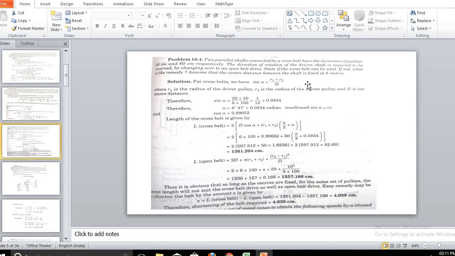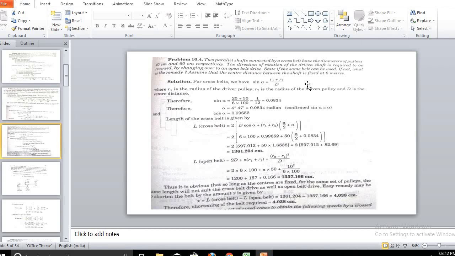If the length of the belt is the same for both cases, open belt drive and cross belt drive. If it is different, we suggest that the belt size should be reduced by some amount, or increased by some amount, so that we can use it for the other belt drive.